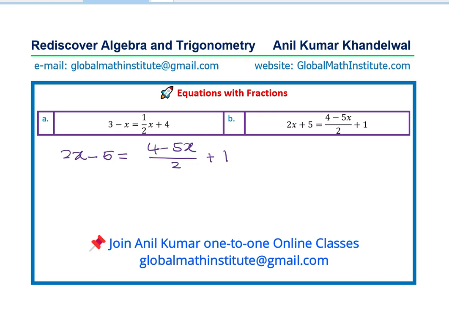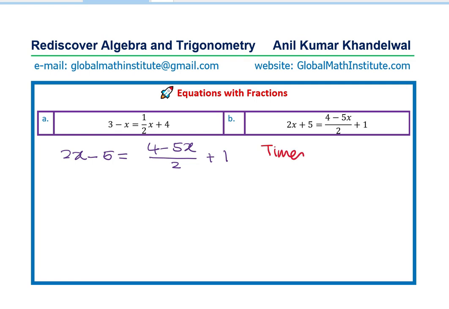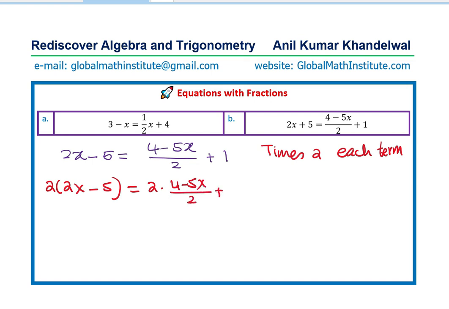You could also see that the common denominator is 2, so times 2 each term. When you do that, it becomes 2 times 2x minus 5 equals to 2 times 4 minus 5x over 2, plus 1 times 2.